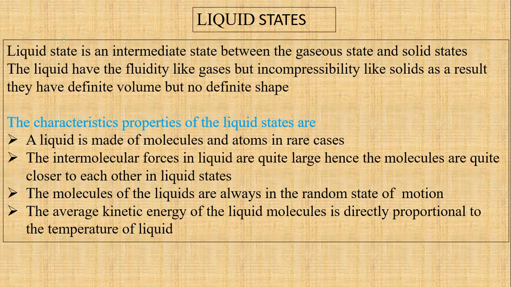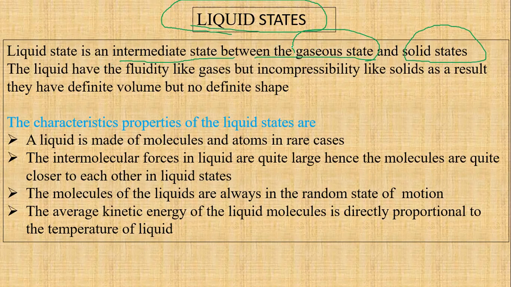Okay, so this is a topic, liquid states. Okay, so it is an intermediate state between the gaseous state and solid state. This is a intermediate state, okay, between gas and solid. Okay, solid when heated that converts to the liquid, liquid when heated that converts to gas.